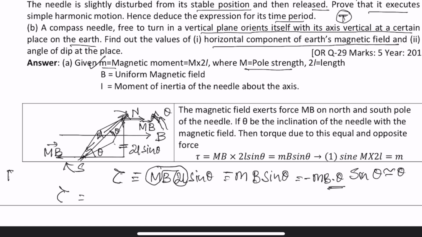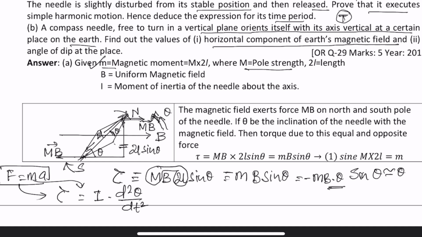So in linear motion force is equal to mass into acceleration, and in angular motion, in place of force we have torque, in place of mass we have moment of inertia, and in place of linear acceleration we have angular acceleration, which is d2 theta by dt square, correct?